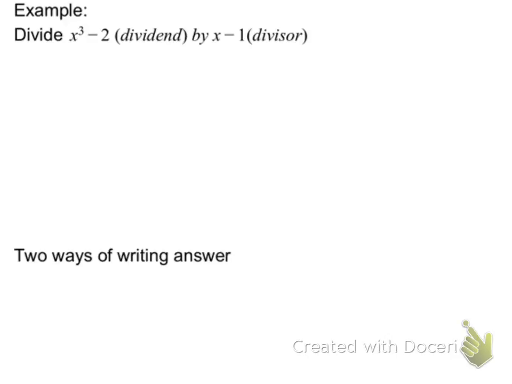So the example that we have today is divide x cubed minus 2, we call the dividend, by x minus 1, we call the divisor. On the bottom, it says there are 2 ways of writing the answer, because there are. Okay? We'll get to that at the very end, obviously. Now, what does this mean?